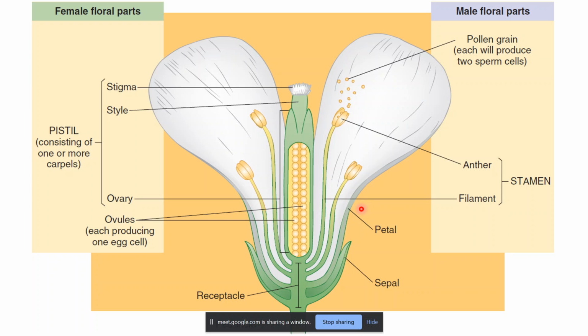Usually they are arranged in a circle, and they are connected to a peduncle, which is the beginning of the flower. It's usually connected to the stem.